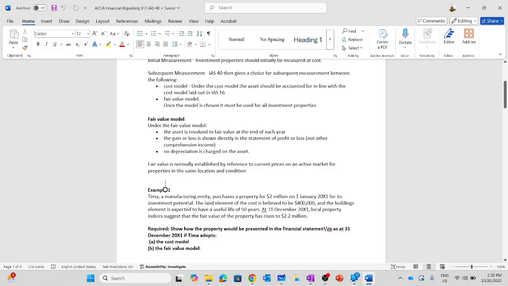Now, if we look at the definition of investment property, it is held for capital appreciation or for rental income. When we look at IFRS 13, fair value measurement, it defines fair value as the amount that we are going to pay or receive to transfer an asset within a specific market condition at a specific date. So this is the definition of fair value.